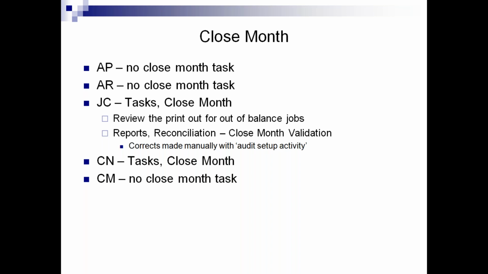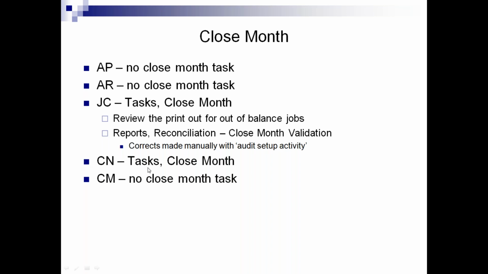The job is one number, but it's out of balance either at the cost code level or the category level by $2,835. There's a difference there. All right. We're going to go in and take a look at that in just a second, but you need to make sure that you pull that report and you take a look at it and you highlight anything that shows out of balance.